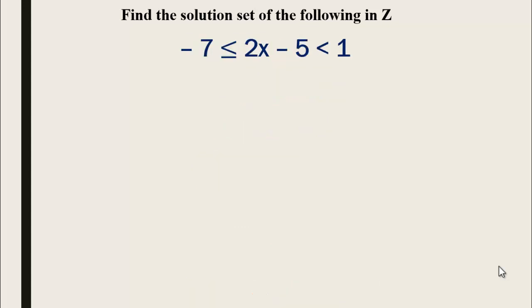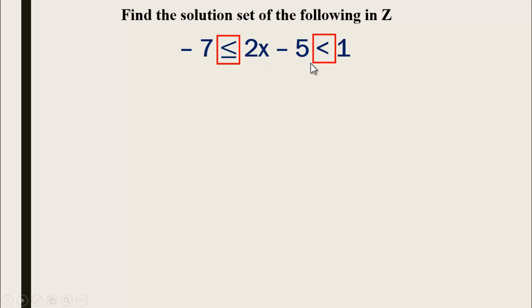I want you please to concentrate here. How can I read this inequality? As you can see, I have two inequality signs. When I read it, I begin with the one in the middle. This is 2x minus 5 greater than or equal to negative 7 and less than 1. Again, here we have a two-step operation, right?